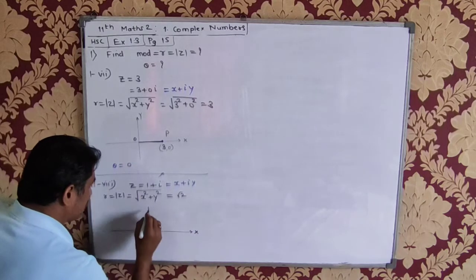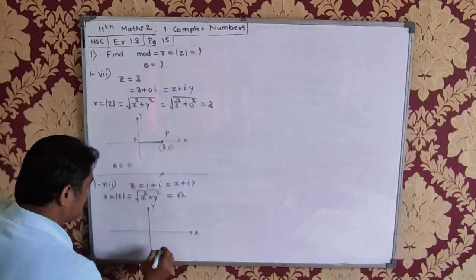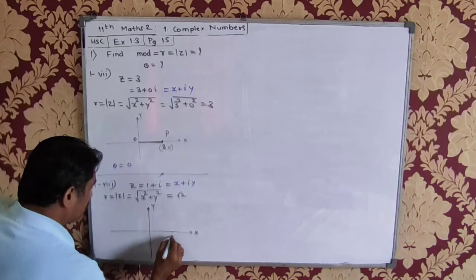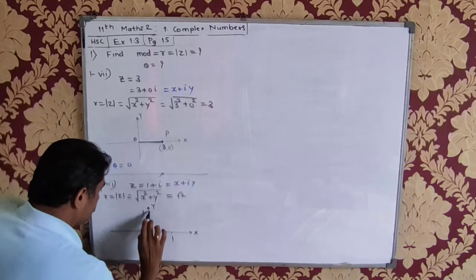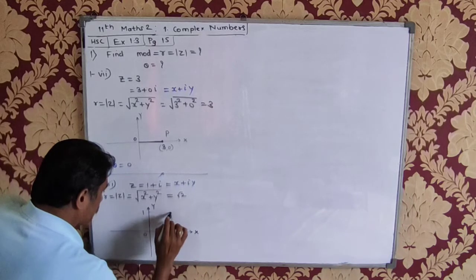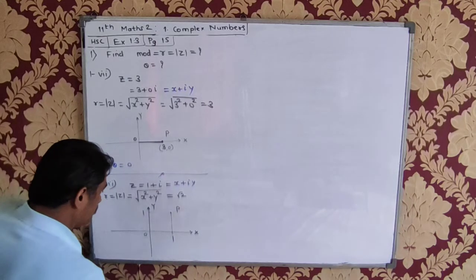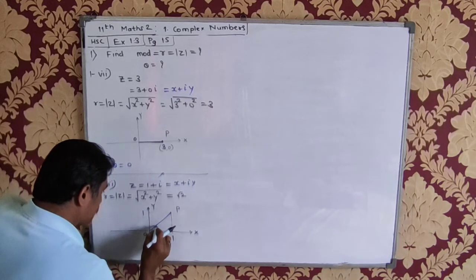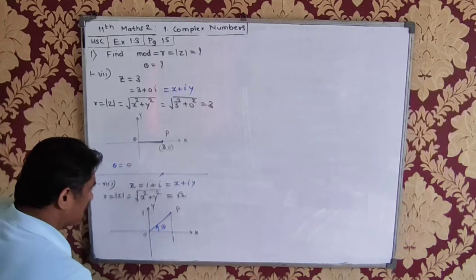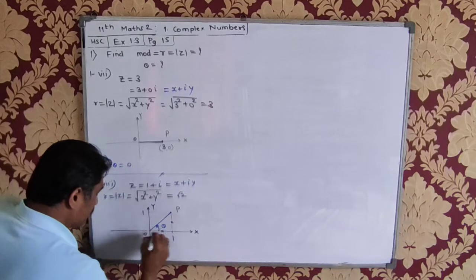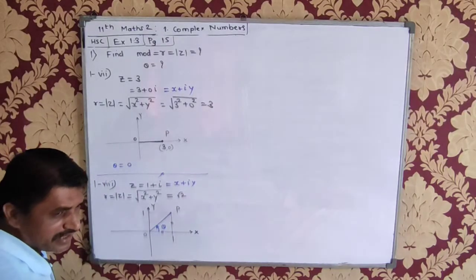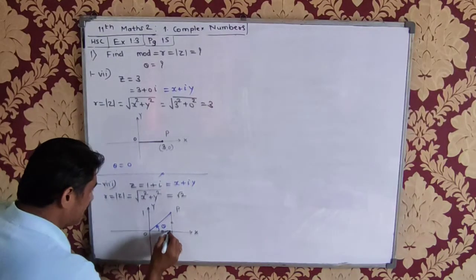Real axis, imaginary axis. The point is 1, 1. Origin, point P. This is angle theta. If this height is 1 and this is also 1, then this is an isosceles right angle triangle, because this is 90 degrees.